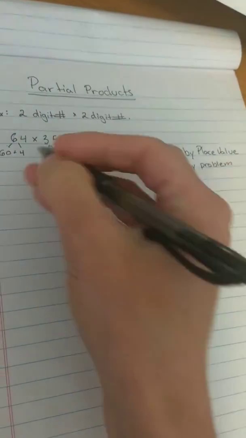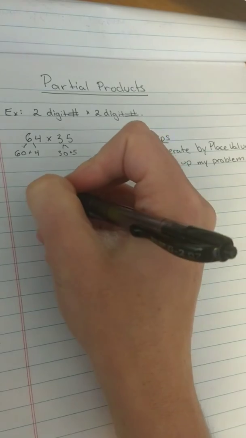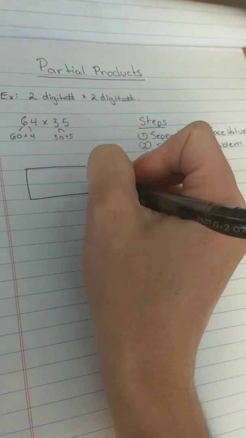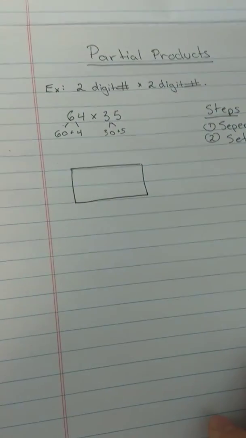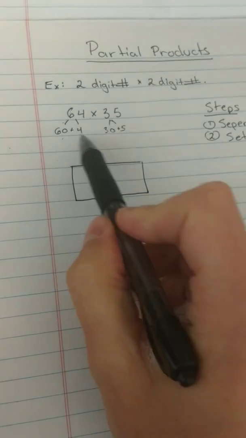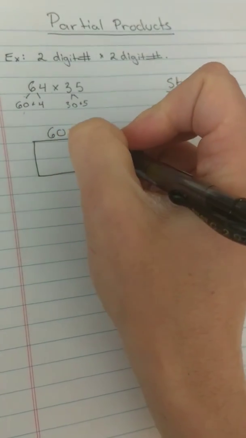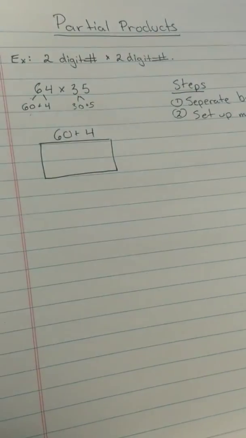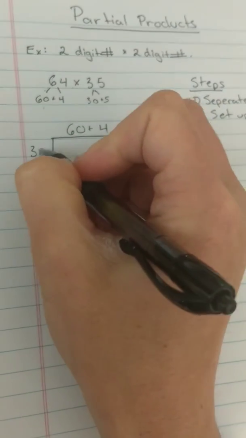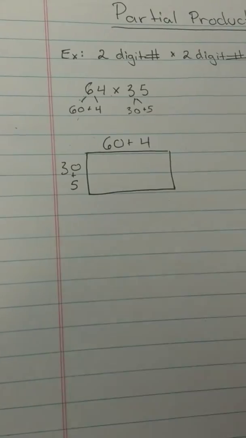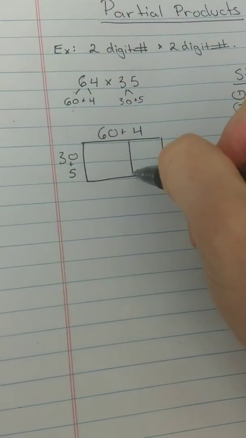When I set this up, I'm going to create a box where I'm going to put my 64 in one direction and my 35 on the other. So I'm going to have 64, and I'm going to have my 35. Anywhere where I have a separation of place value, I'm going to draw a line.